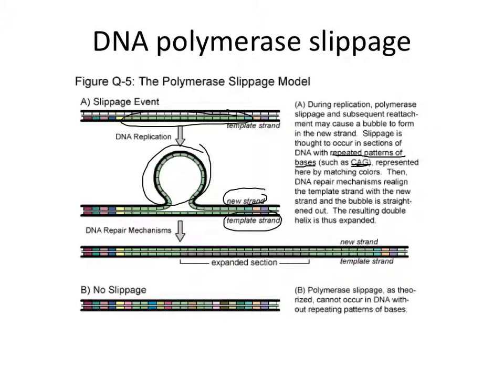And the result of that is that a bubble forms. And when the bubble forms, it distorts the double helix that's resulting from the process of DNA synthesis proceeding in a normal semi-conservative fashion. And the DNA polymerase is able to detect a distortion.